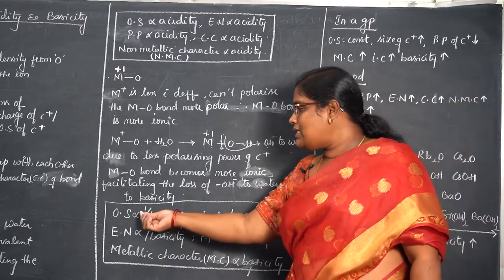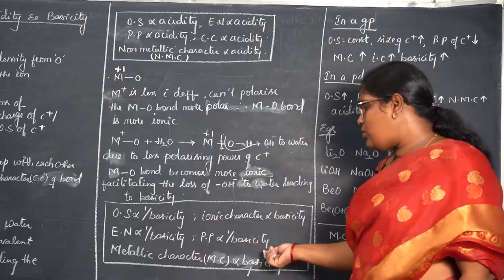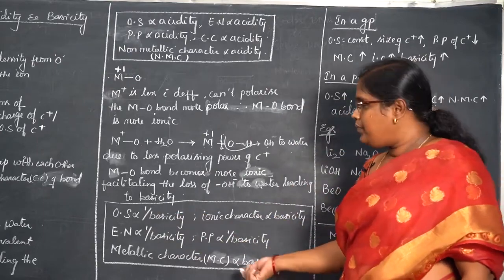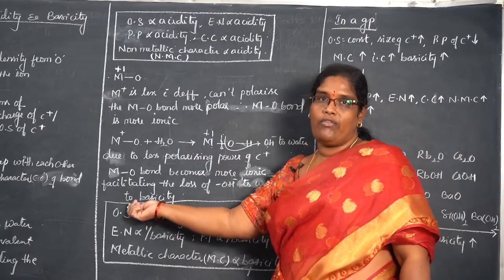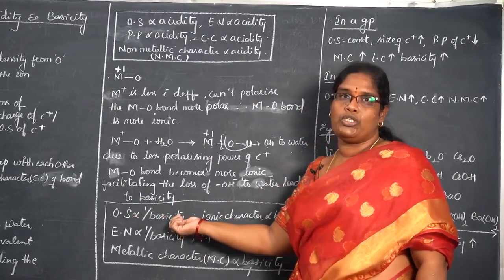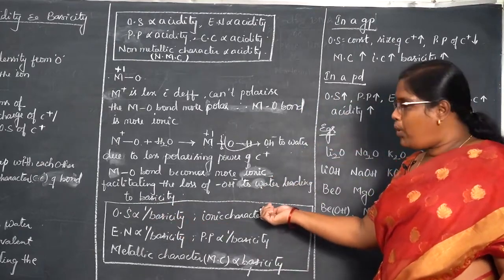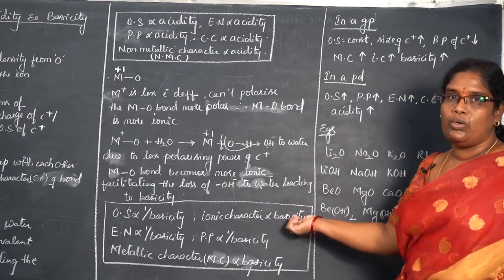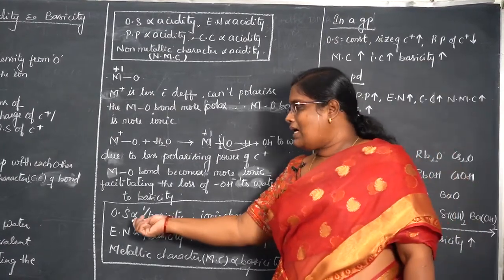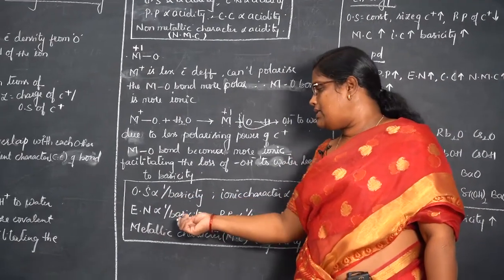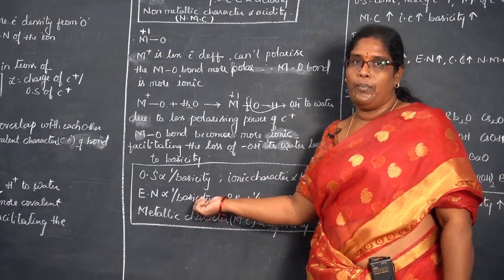So here let us see the different factors, how they are correlated to basicity. Oxidation state of cation is inversely proportional to basicity. Ionic character of the bond is directly proportional to basicity. Electronegativity is inversely proportional to basicity.